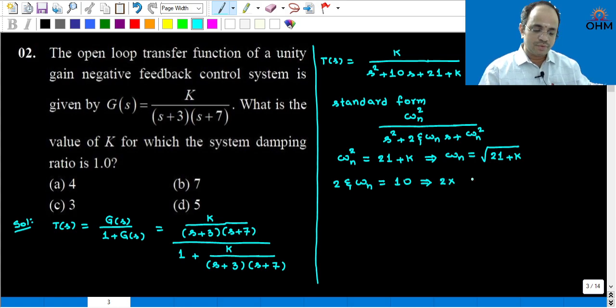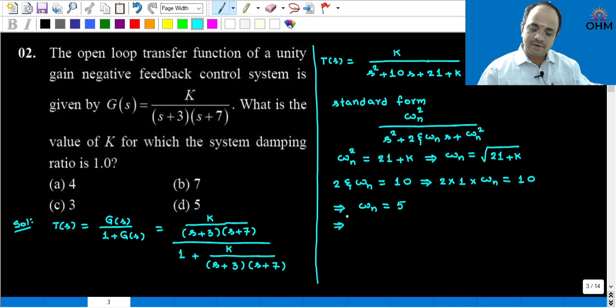Therefore, 2 into the required damping ratio, given 1.0, hence 1 into ωn is equal to 10. So, from this equation, ωn should be 5 radian per second.